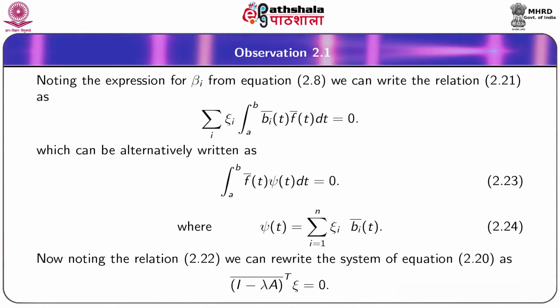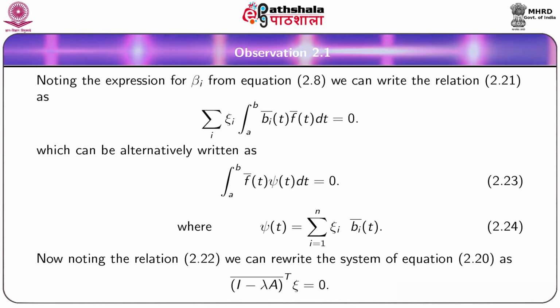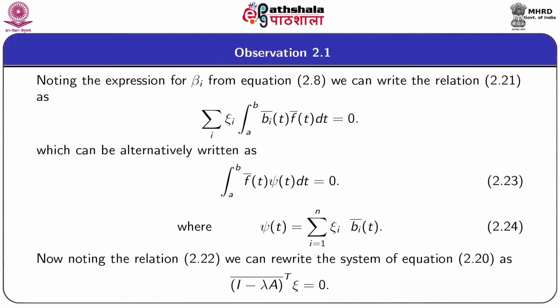Now, B star is given by 2.22 and xi is the solution of equation 2.20, and xi is related with the function psi t as given by 2.24.